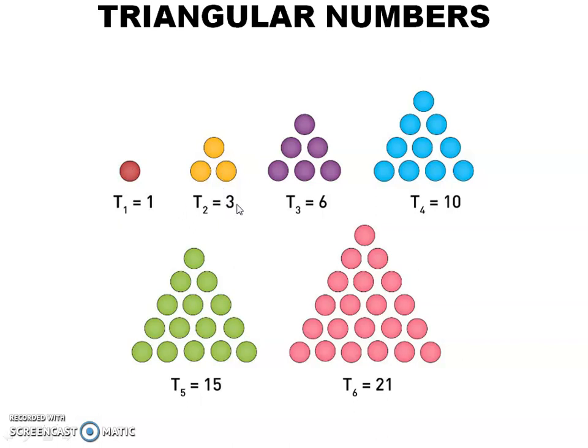Let's see the next two consecutive terms. 3 plus 6. What is 3 plus 6? 3 plus 6 is 9. Again, 9 is a square number, isn't it? 3 into 3, 9. You can see it here.